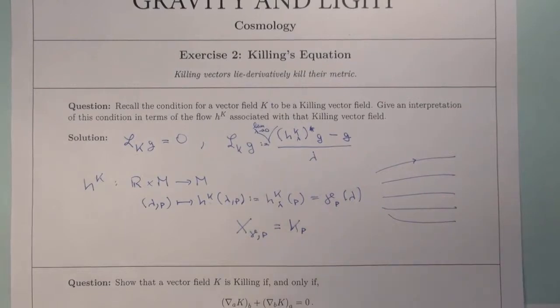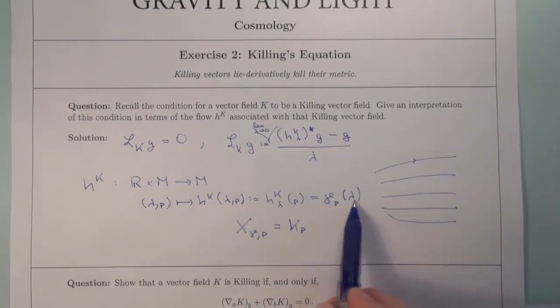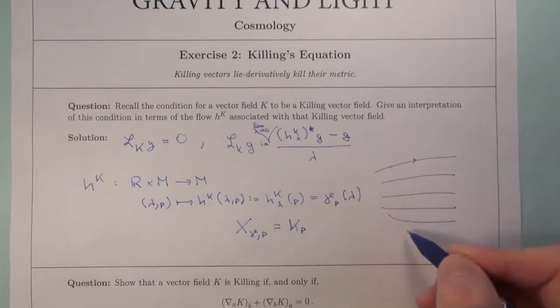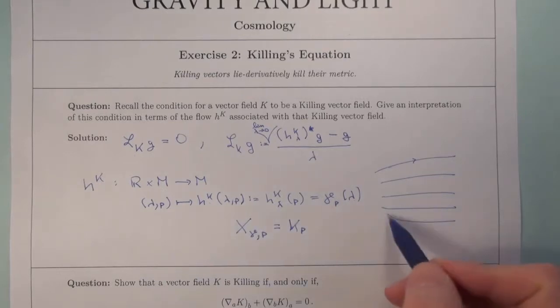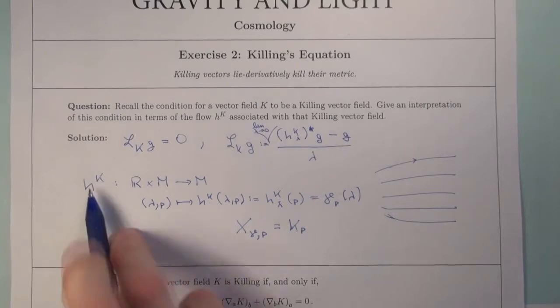And to use again the terminology introduced, these gamma here are the integral curves through the vector field, and if we do that for all of the points, then we call the parameter subgroup of integral curves, this we call the flow.